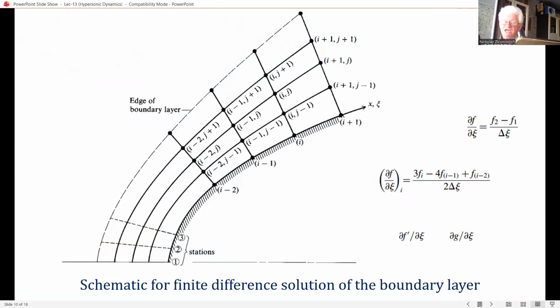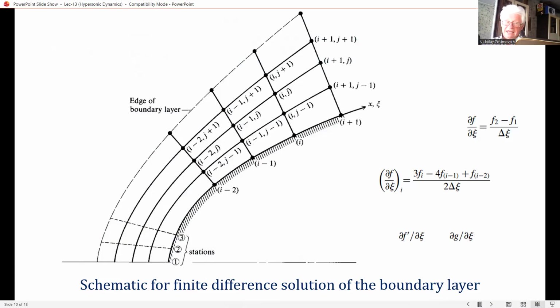Consider the general transformed boundary layer equations. These equations are to be solved for arbitrary flow conditions at the boundary layer edge and arbitrary wall conditions. This arbitrary boundary layer is sketched in our figure on this slide.